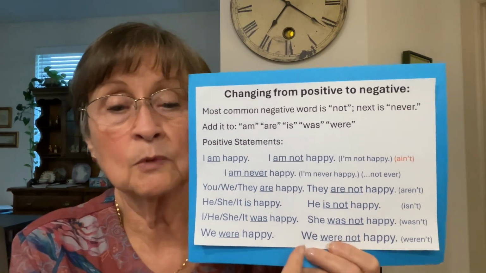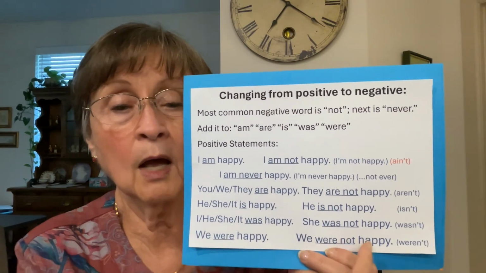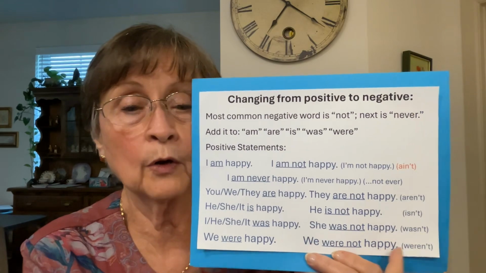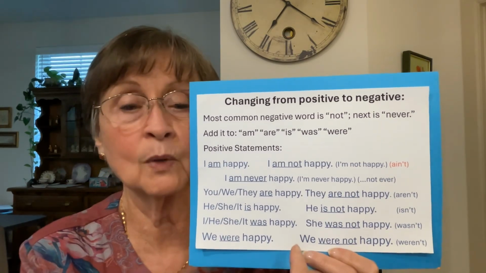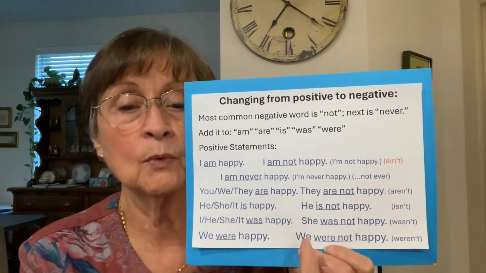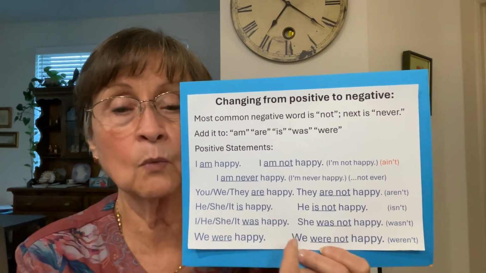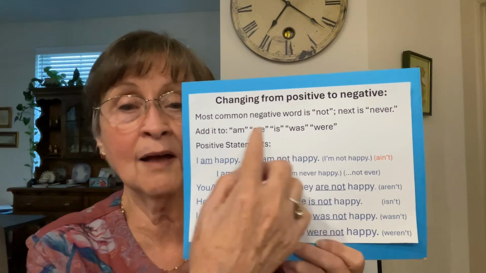In any of those, I'm using we. We were not happy. Weren't. We weren't happy. It sounds funny. We weren't happy. But we can use the contraction, or we can say we were not. Not comes after these words. Now let's see what else we do.